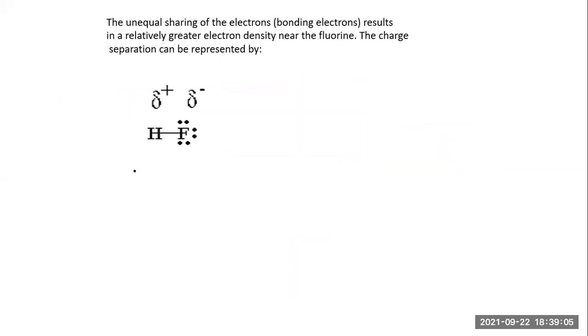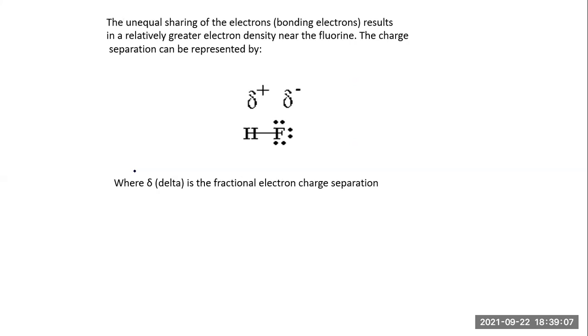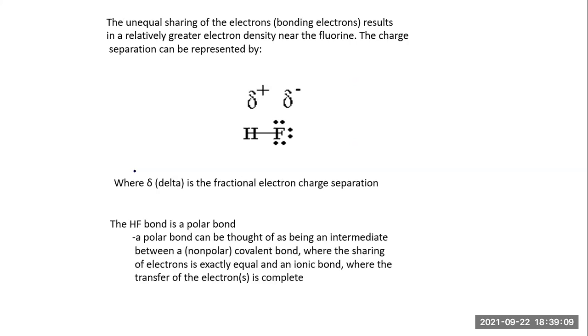All right, so as I mentioned before, this unequal sharing of electrons basically represents a polar covalent bond. And at this point, we've talked about 3 different types of bonding. So just to illustrate them again, at one extreme, you have an ionic bond, always between a metal and a non-metal.